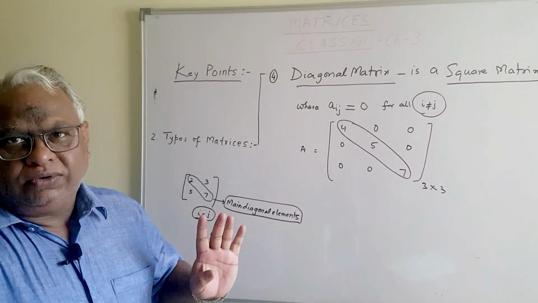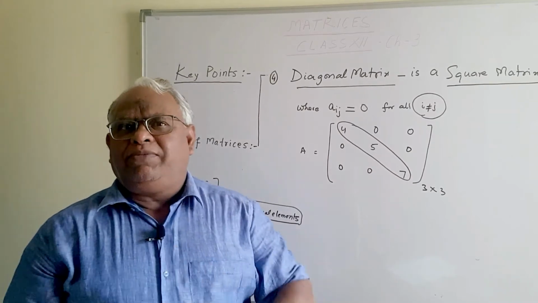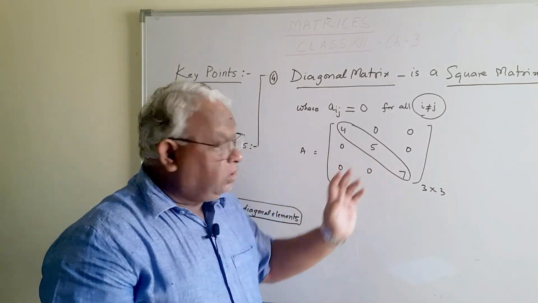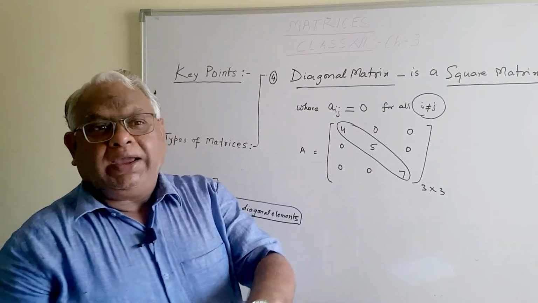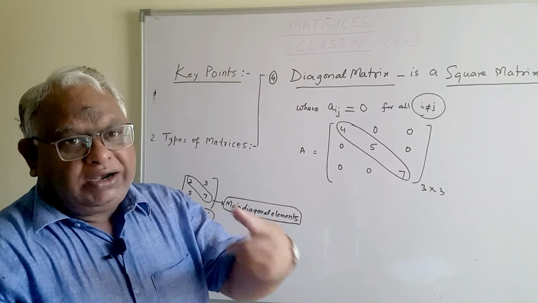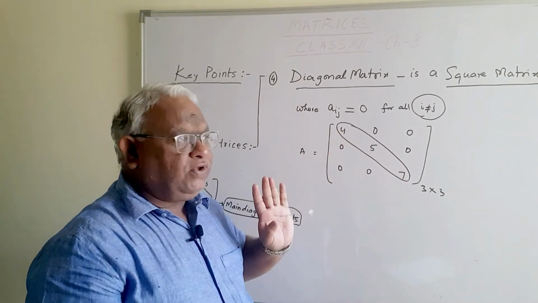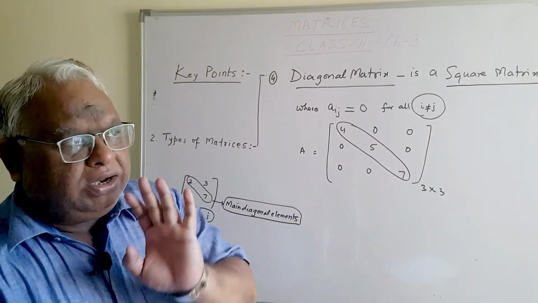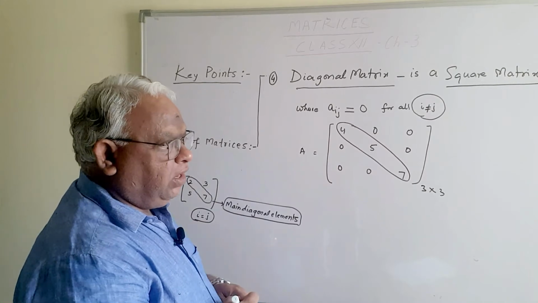All cannot be 0. If you are talking about 3 cross 3, 1 can be 0, but you cannot put all the 3 as 0 at the same time. Right? Avoid writing 0 on the main diagonal. It is not that you can't, but if you take non-zero elements on the main diagonal, it will give you a clear picture. I hope this is clear.